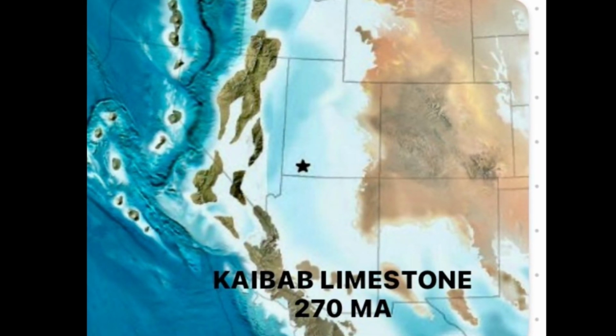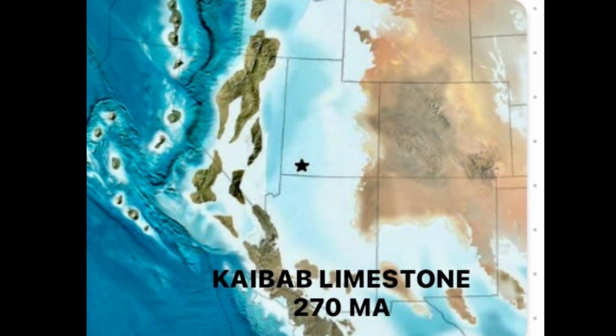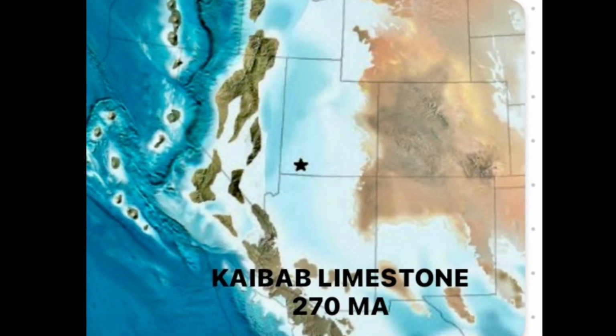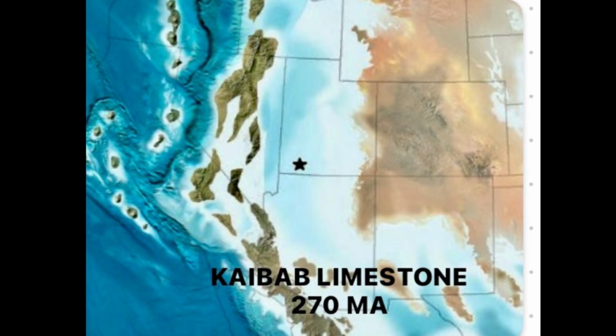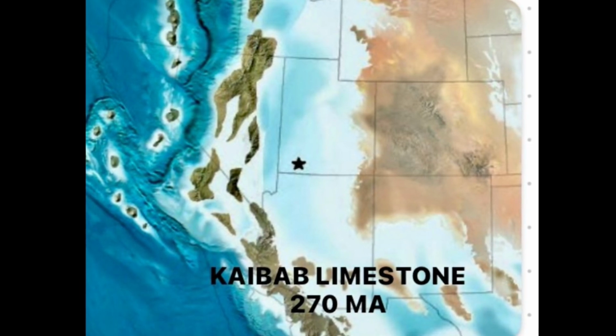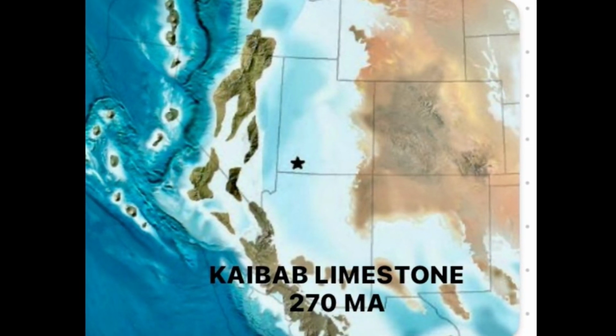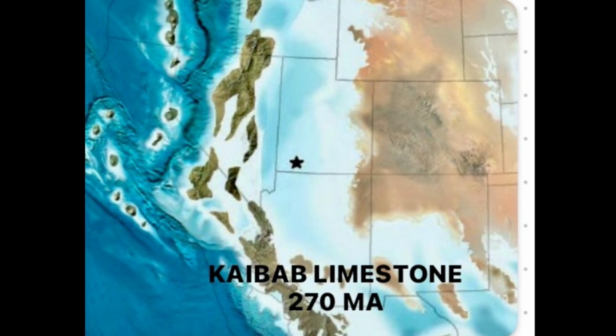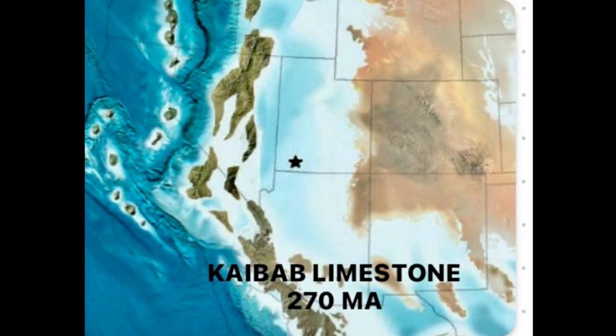In other words, lots of tectonic crashing and smashing was coming in from the west that would transform this passive margin into the mountains and deserts of the Triassic and Jurassic periods.